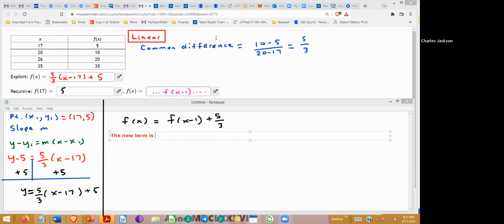Equals means is. The previous term, f of x minus 1, right? x minus 1. So if we're talking about the 17th term, then it's the 16th term plus 5/3.